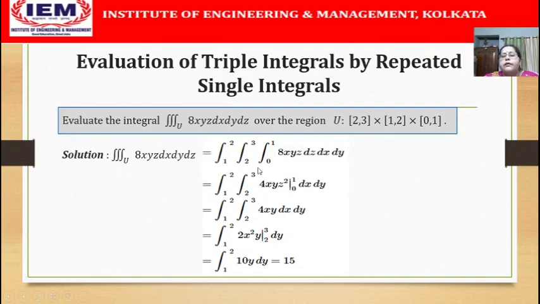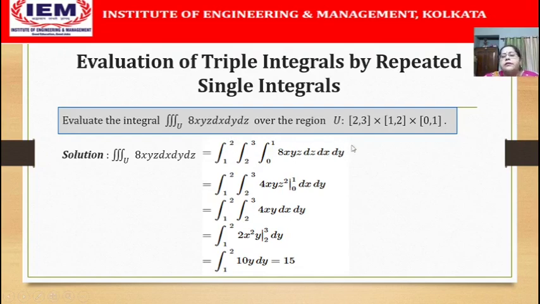What we are doing here is integrating this function 8xyz first with respect to z, and the limits of z as given here are from 0 to 1. Next, observe that we are integrating now with respect to x, and the limits of x as given in the region have been taken as 2 to 3. And lastly, we will integrate with respect to y from 1 to 2.